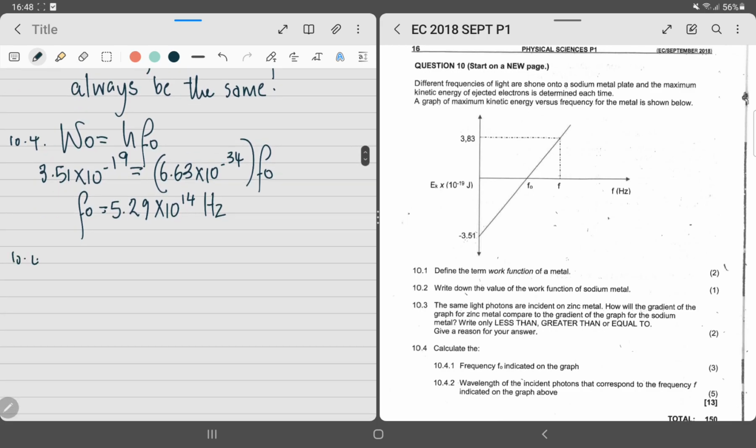This is 10.4.1. Calculate the wavelength of the incident photon that corresponds to the frequency f indicated on the graph.